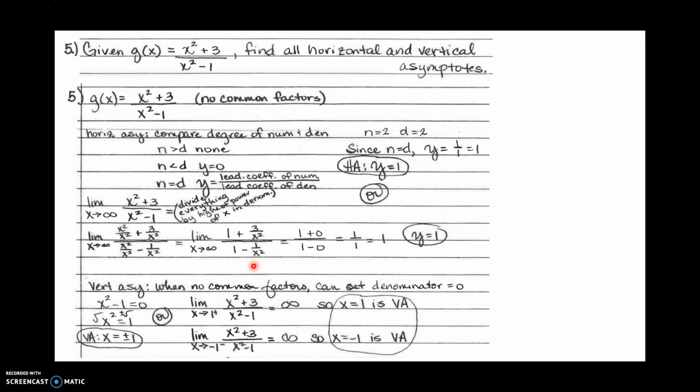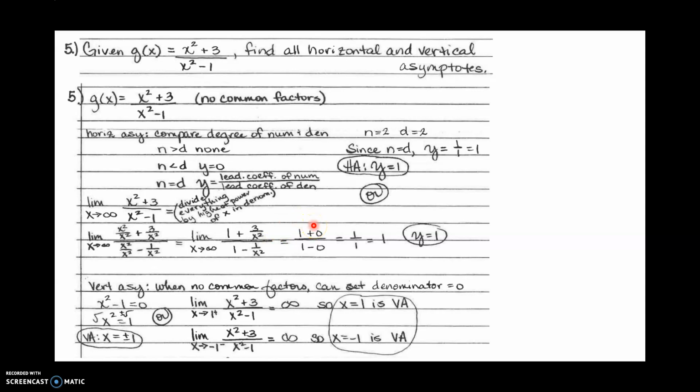Now when we're taking the limit approaching infinity, the limit of a constant is that constant. When you're approaching infinity, if you have a number divided by a variable, that limit is always 0. Our reasoning there is the numerator stays the same, the denominator is getting larger and larger, so the overall fraction is going to get smaller and smaller and go to 0.